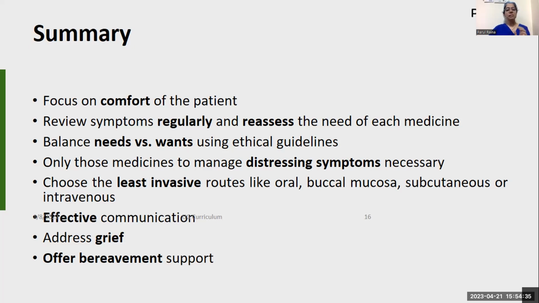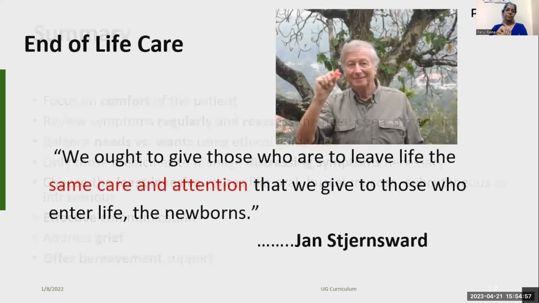There should be a balanced need versus wants using ethical guidelines. The ethical guideline topic has been given to the next group, so I didn't mention that in our presentation. And effective communication, addressing the gap and providing the BMA support. This should be the final takeaway home message for them. Last slide. And that's it.